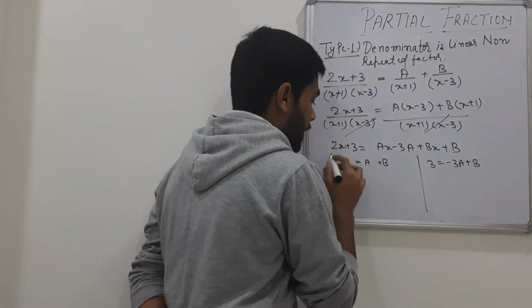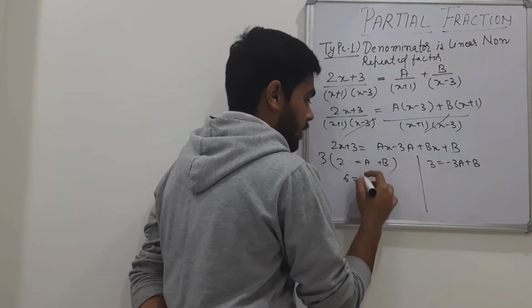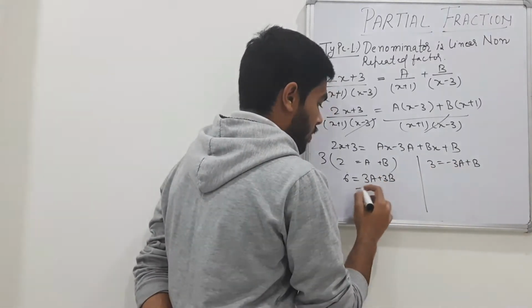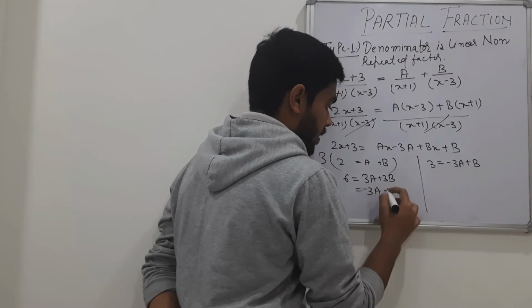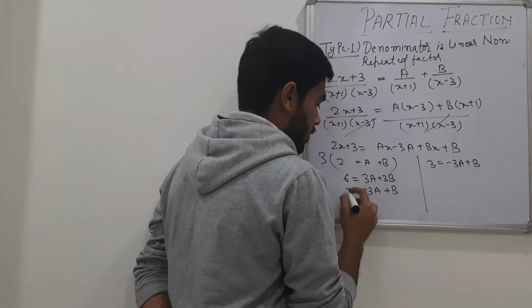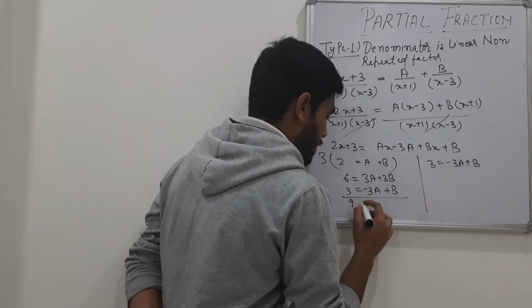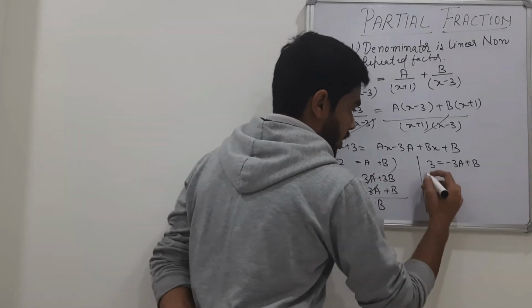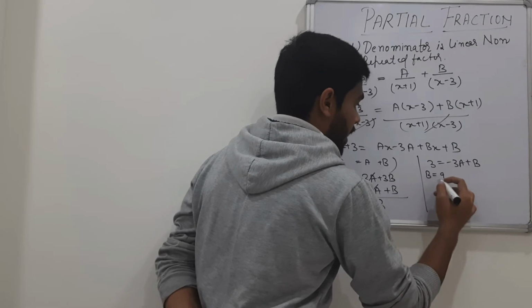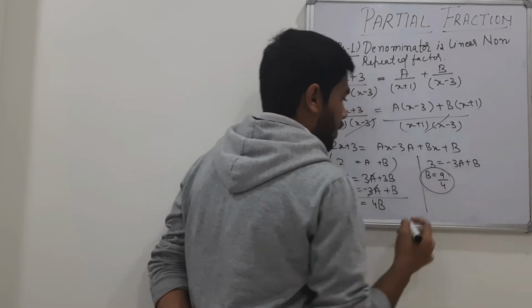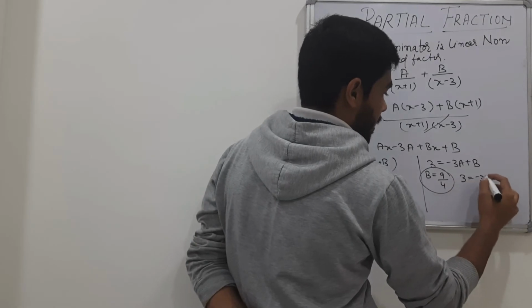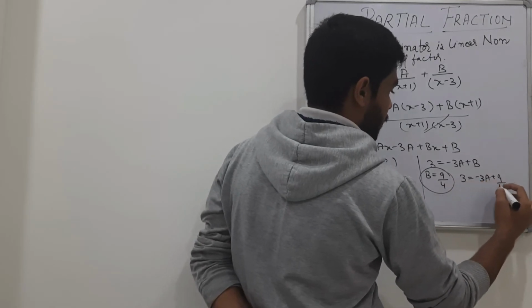Like this we will multiply by 3 on both sides. This is 3A plus 3B. Now we will solve this. 3A plus B equals 3. Now it will come plus, this will get cancelled. This is 4B. So here the answer of B is 9 by 4, and we can keep this value in this, that is 3 equals minus 3A plus 9 by 4.